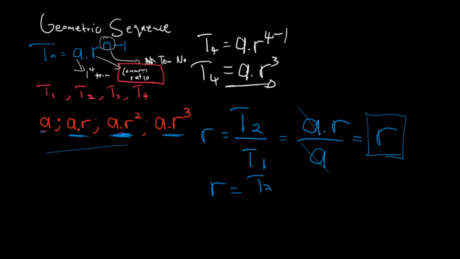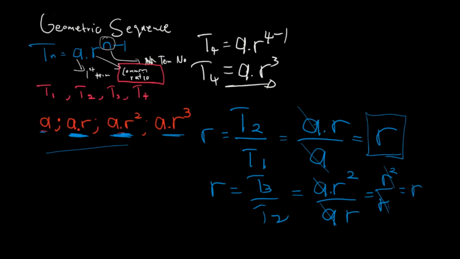Term number 3 divided by term number 2 is a multiplied by r to the power of 2 divided by ar. We divide out the a, and then we remain with r squared over r, which leaves r. So you can see that we have a common ratio r here.